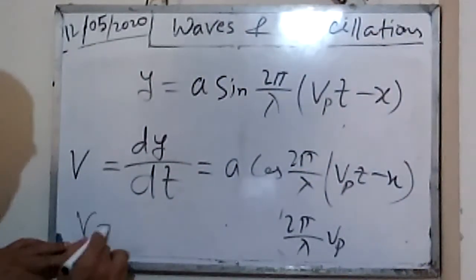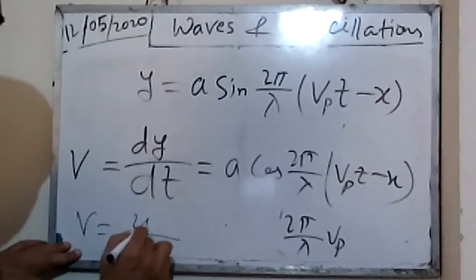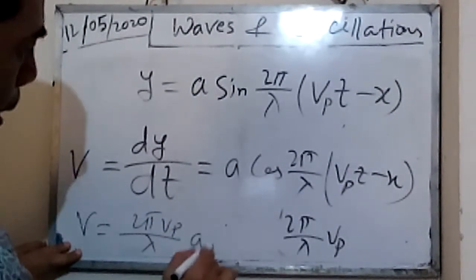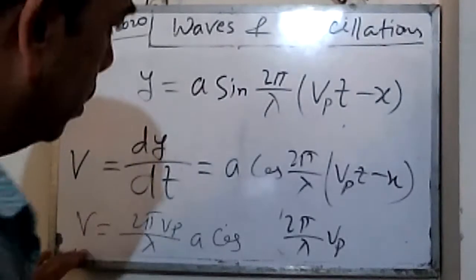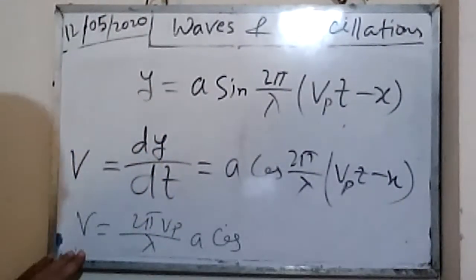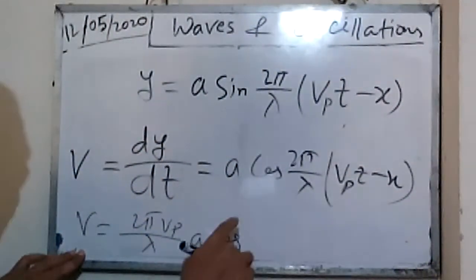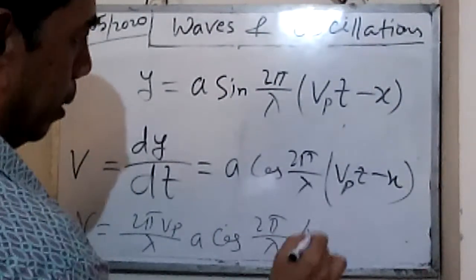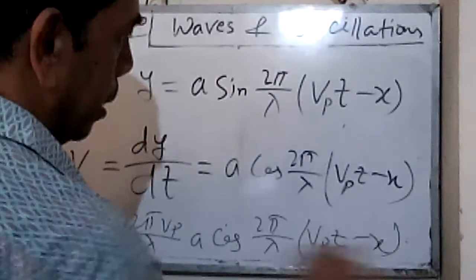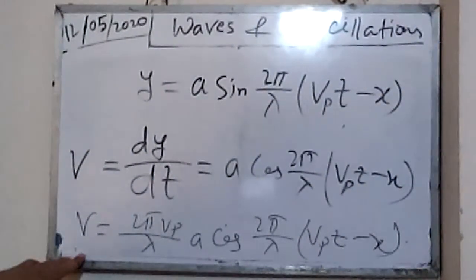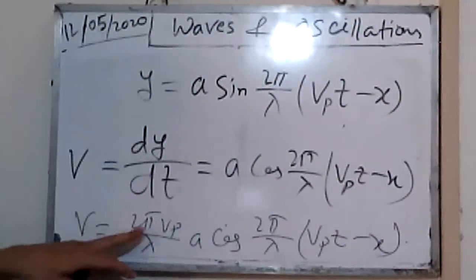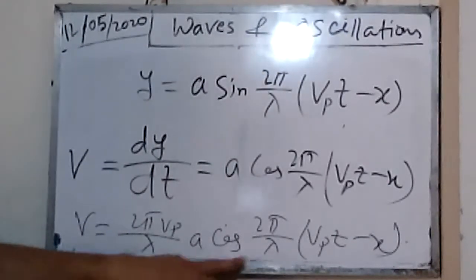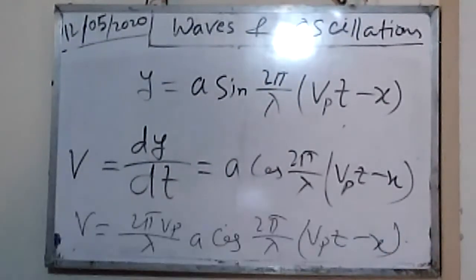So v equal to 2 pi vp by lambda times a cos 2 pi by lambda (vpt minus x).